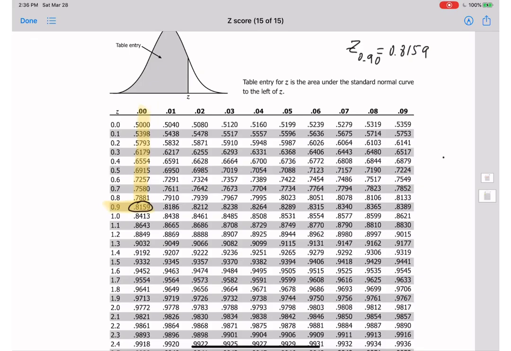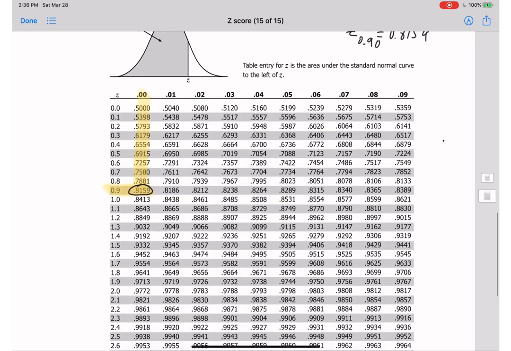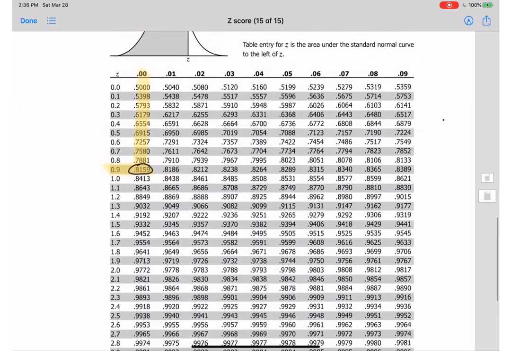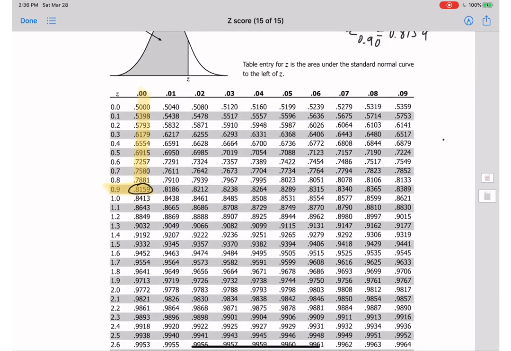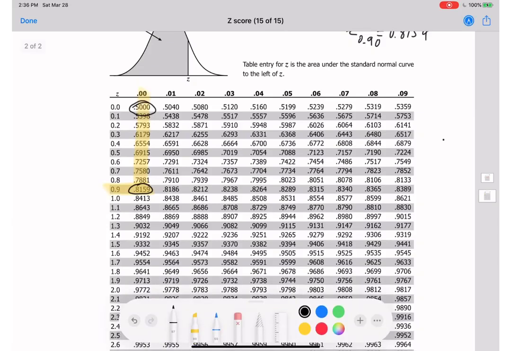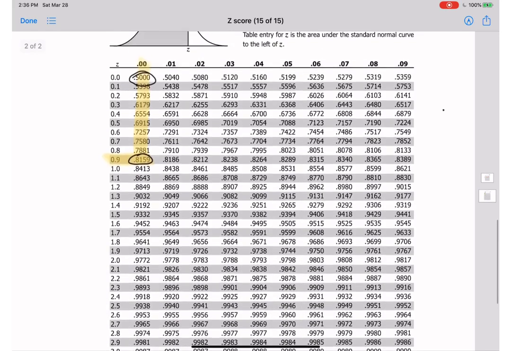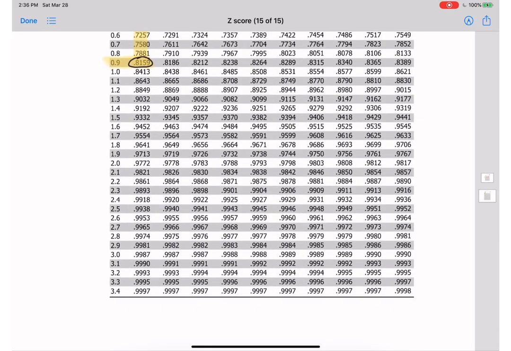Now let me refresh your memory one more time before I move on. As you can see, the numbers for positive z-score start with 50% and go all the way to 99.98. Remember what I told you back then.